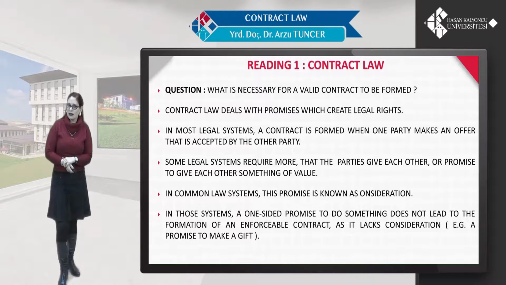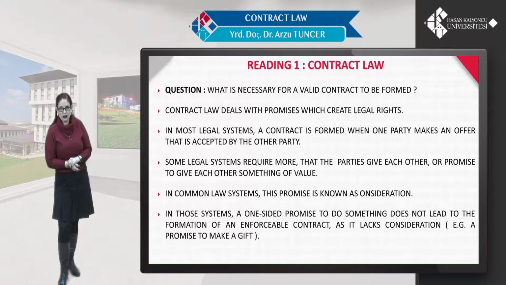In common law systems, this promise is known as consideration. In those systems, a one-sided promise to do something does not lead to the formation of an enforceable contract, as it lacks consideration. For instance, a promise to make a gift.